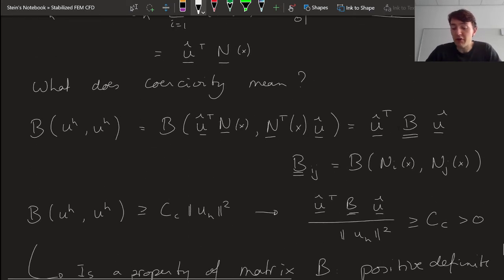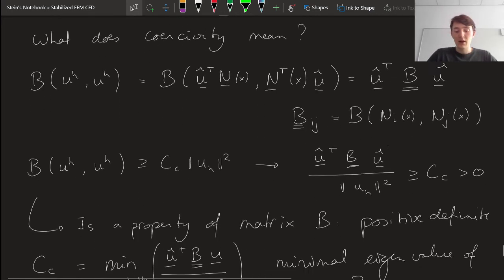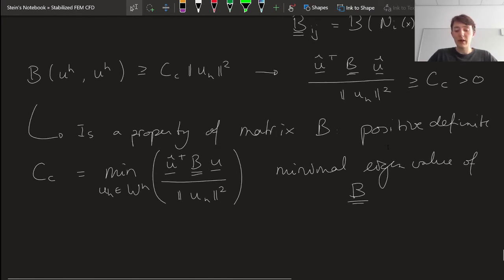And B is actually the finite element stiffness matrix. Yeah, so I hope that that's something you recognize from this, because this is exactly how we define a stiffness matrix. So coercivity is saying something about the minimal eigenvalue of our stiffness matrix, and in that sense specifically that our stiffness matrix is positive definite. Positive definiteness is a guarantee of having an inverse for a matrix. So if a matrix is positive definite, then we know that it has an inverse.